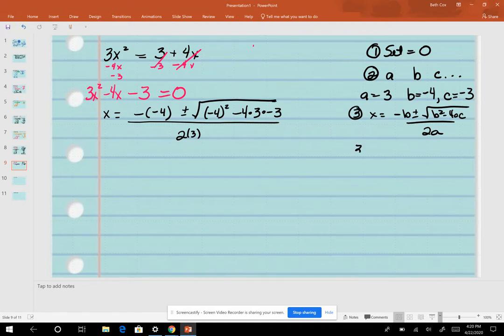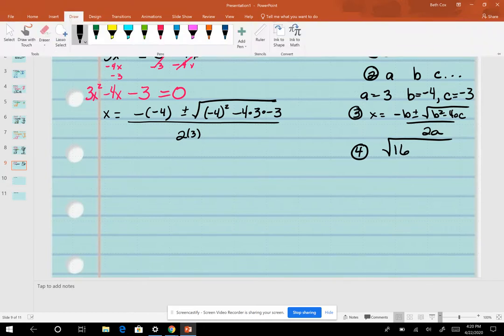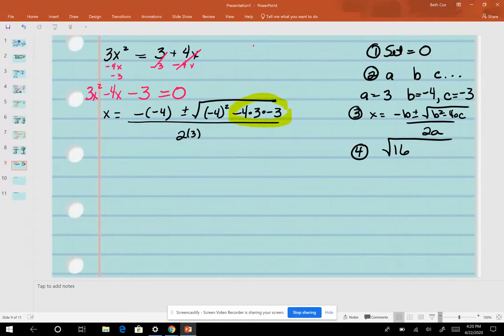Step 4, we're going to simplify our radical, just the radical. Okay, so doing the radical, I'm going to get a 16. All right, and then let's look at this and see if we can determine the sign. That's going to be a positive. That's a positive 36.